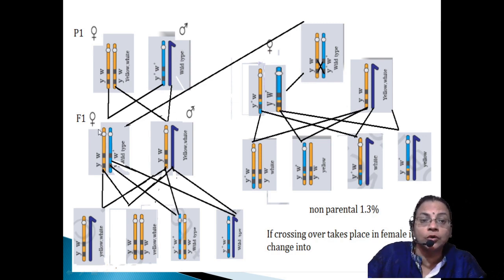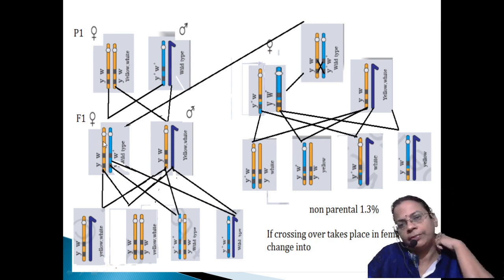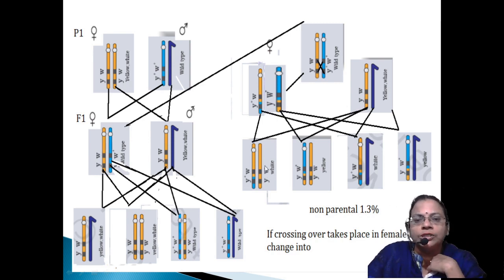But if crossing over takes place in this F1 female, then the combination is different: white with red eye, which is not there in the parental, then yellow with red eye, yellow with red eye. Yellow is recessive, red eye is dominant, which is also not present in the parental.